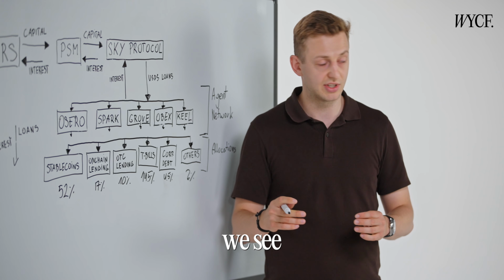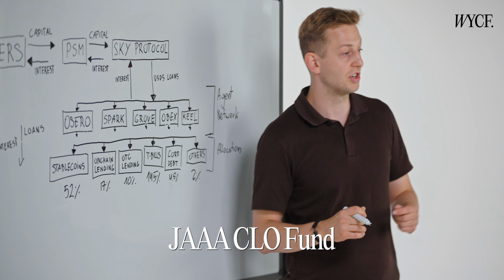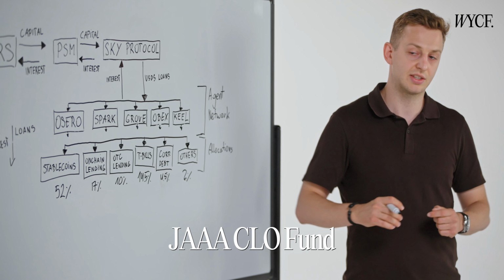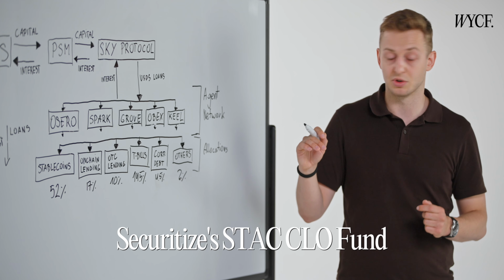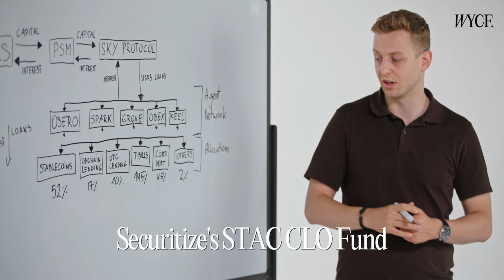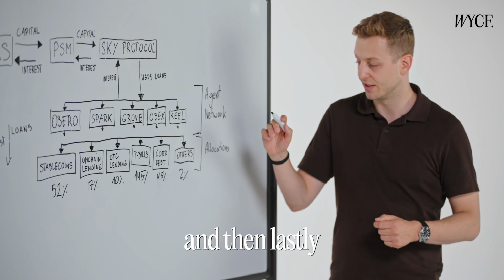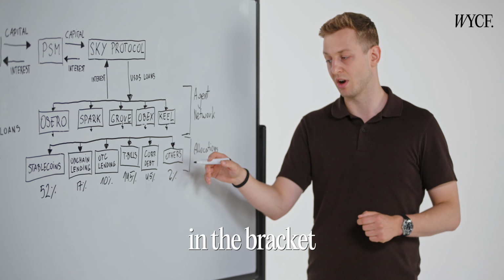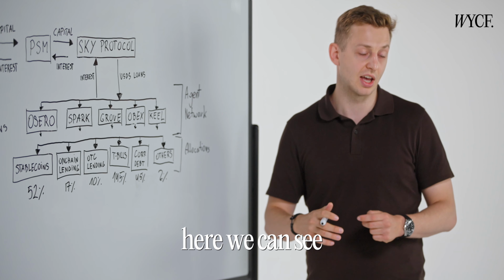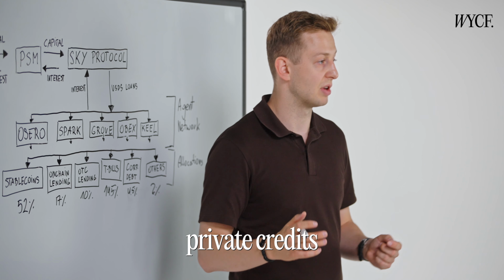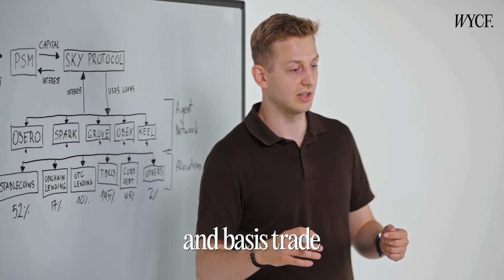And once again, we see Janus Henderson's JAAA CLO fund, as well as the Securitize Stack CLO fund. And then lastly, 2% in the bracket called others. Here we can see private credit and basis trade.